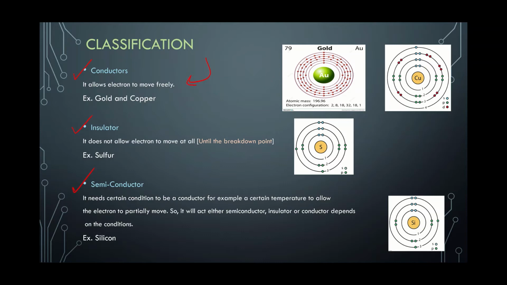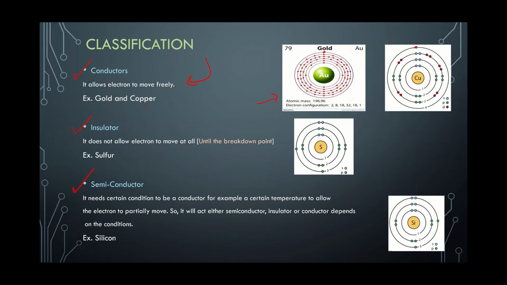A conductor allows electrons to move freely. For example, gold and copper: we can see here that the last shell contains only 1 electron in the gold, and the last shell in the copper contains only 1 electron. But if I ask you which one is a better conductor, the gold or the copper? Definitely we will say the gold. Why?